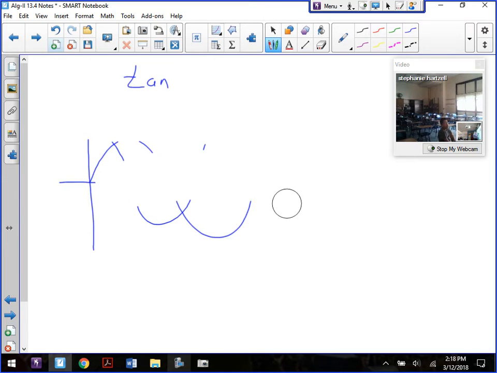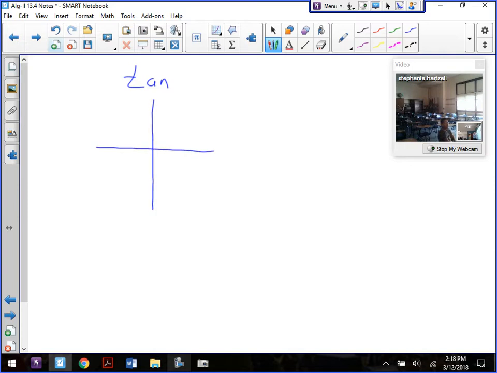Whereas tangent was weird. When we graphed cosine and sine, we graphed them via the quadrantals. If we did that with tangent, we had 1, 0, 0, 1, negative 1, 0, 0, negative 1. If we went through these, it gave all of our points for tangent.